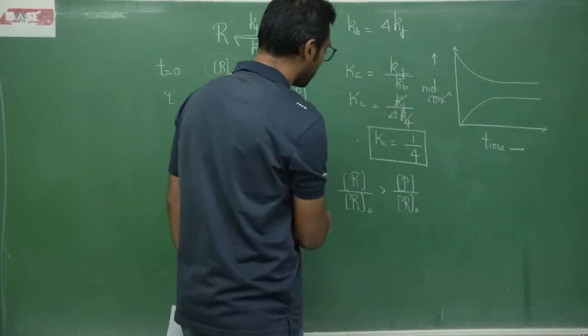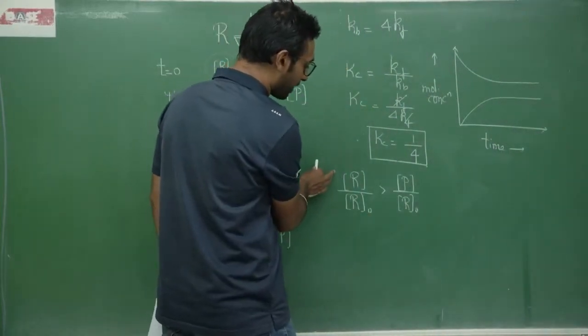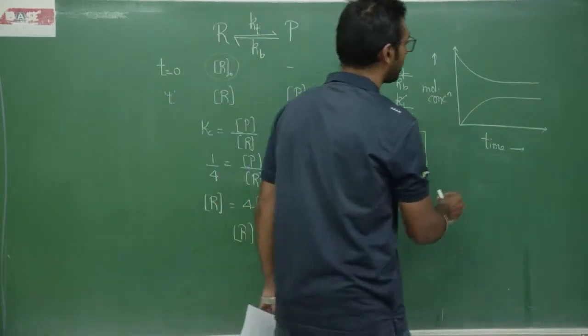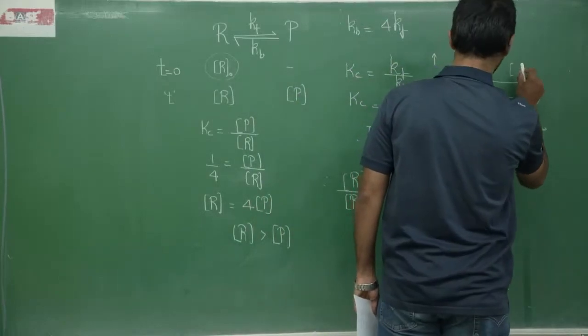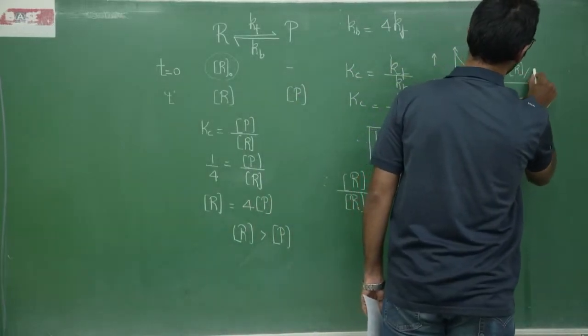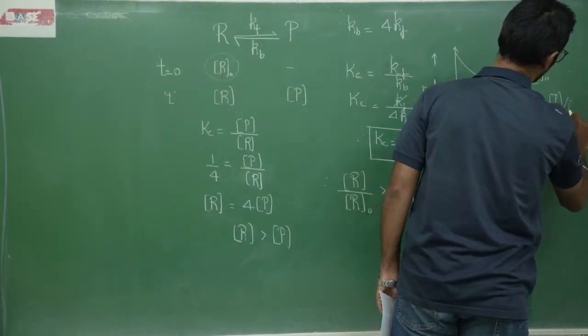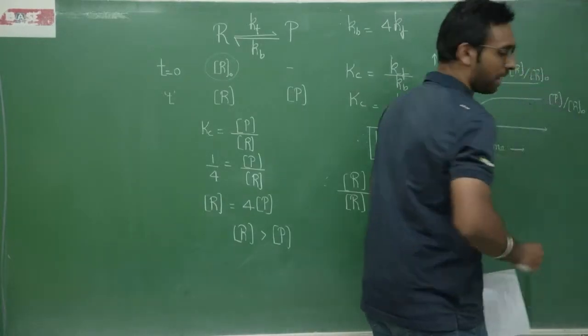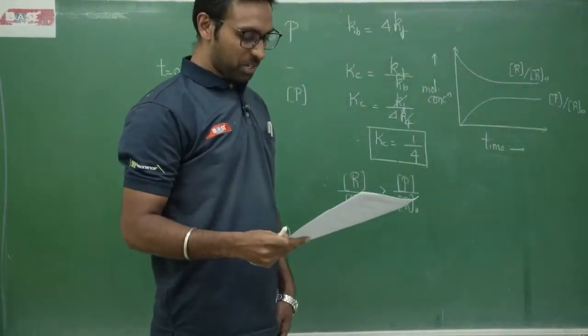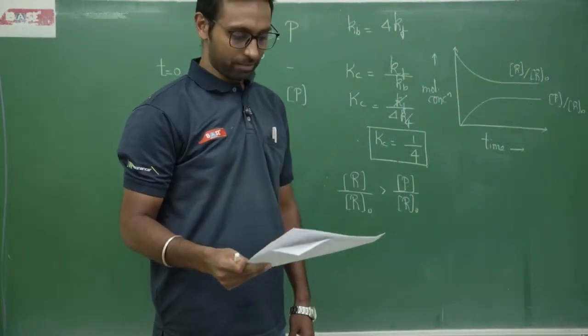And since we have understood that the concentration of reactants is more dominant when compared to products, the graph follows this particular sequence. And if you look at these options here, it maps to option C.